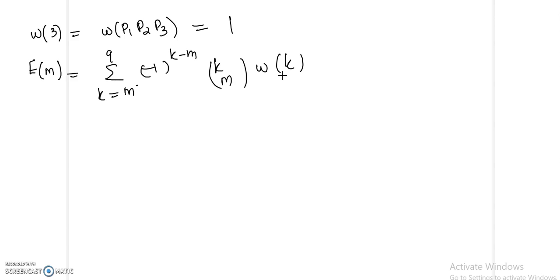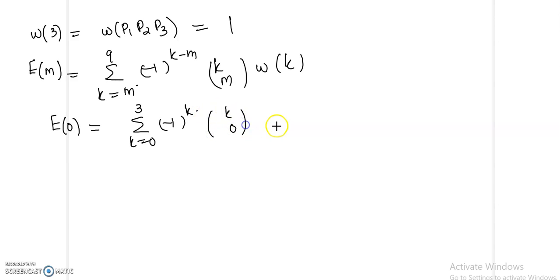E of 0, so when m is equal to 0, E of 0 will be summation k equal to 0 to 3, the number of properties, minus 1 raised to k minus 0, kC0 omega of k.